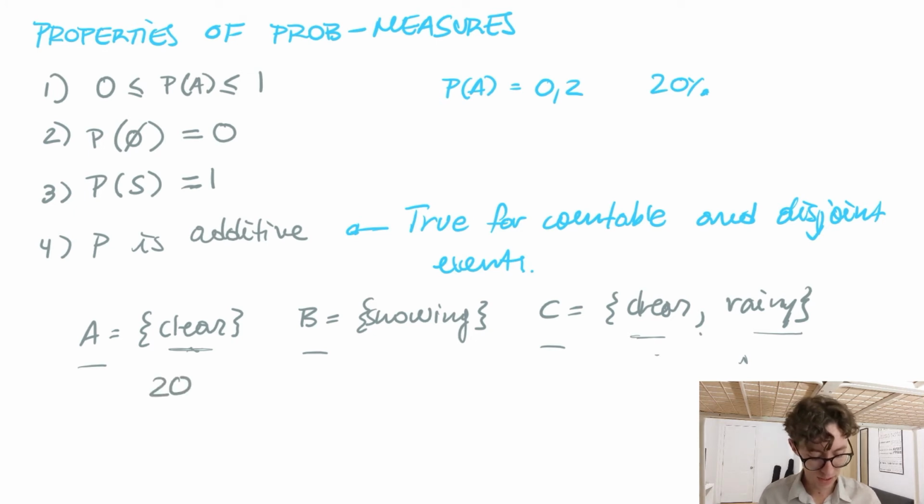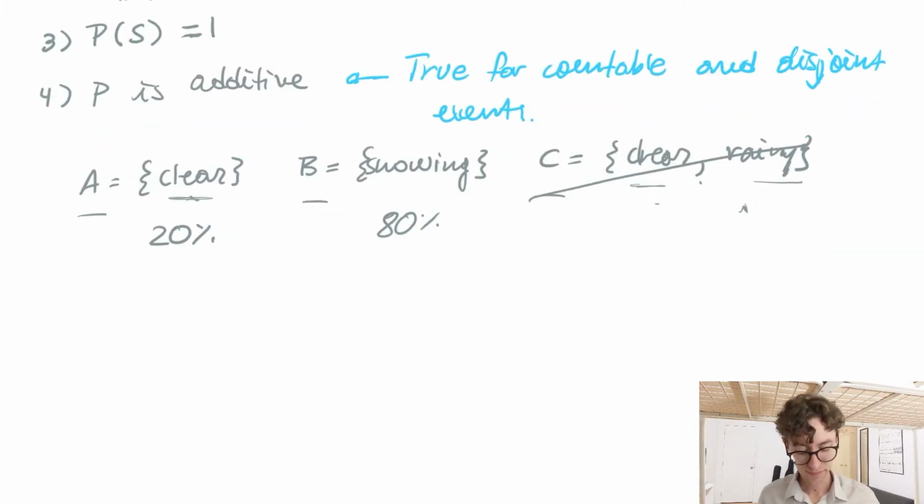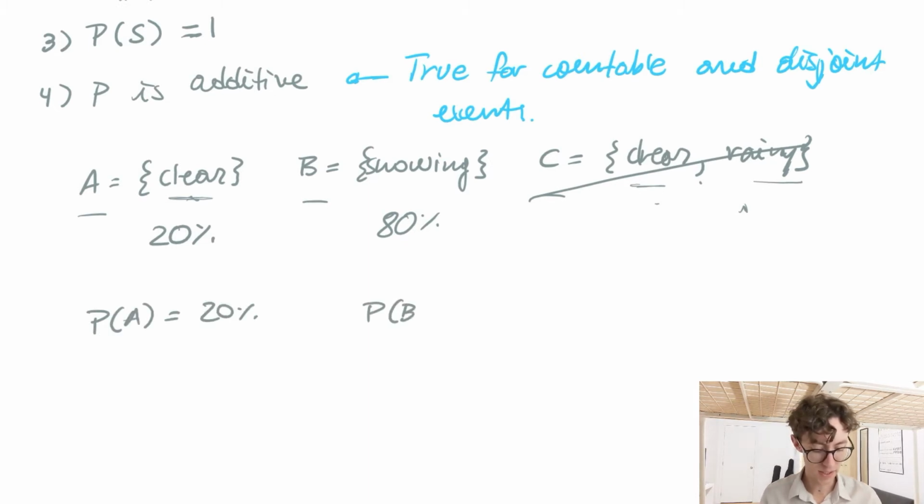So there's a 20% chance that it's clear and a 80% chance that it's snowing. Let's ignore the C for now.